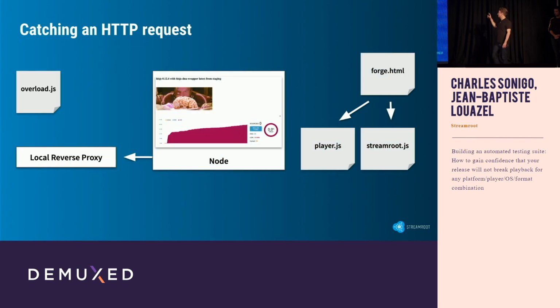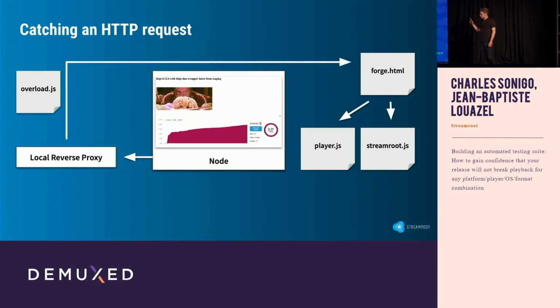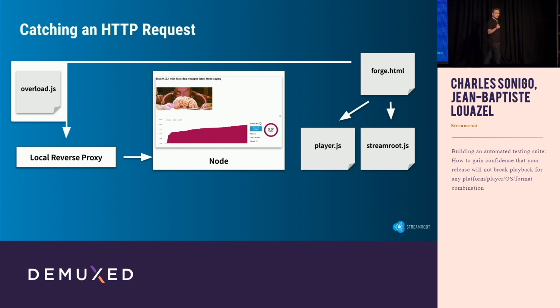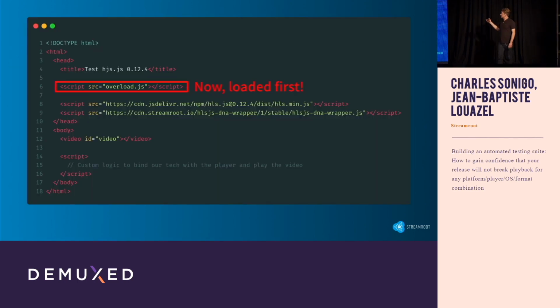What if instead of giving the node the Forge page to load, we give it a reachable server that will know where to get the Forge page from within its request, and will ensure our overload is always done first, which will look like the following.